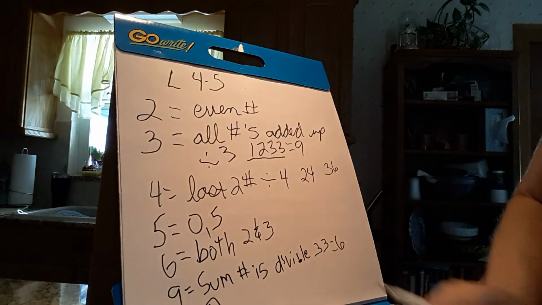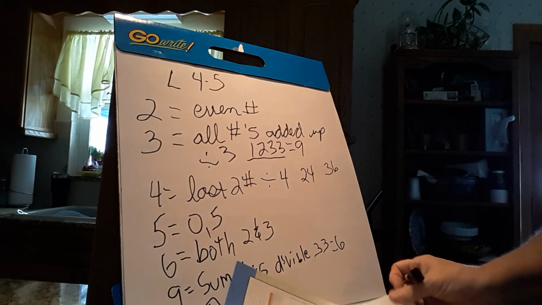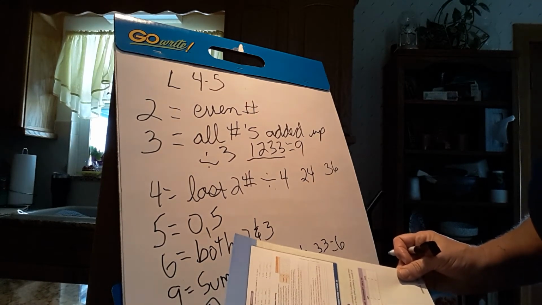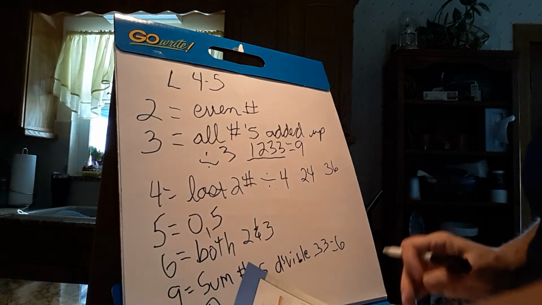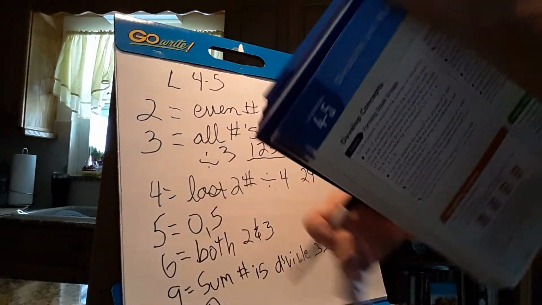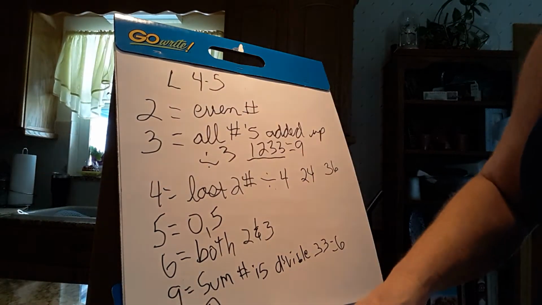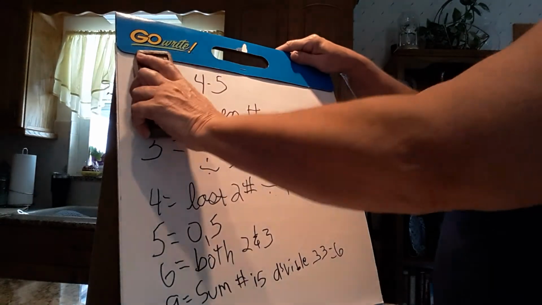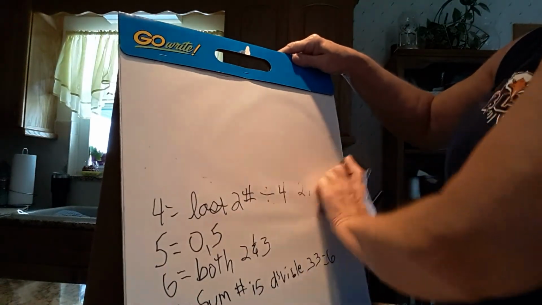Those are just practice, so it's not your workbook. Okay, if you go to page 57 in 4-5, go to page 57. While you're doing that, I'll go on and erase this.